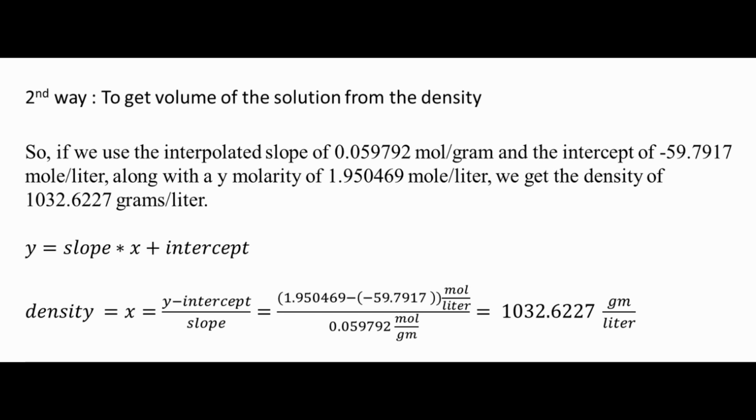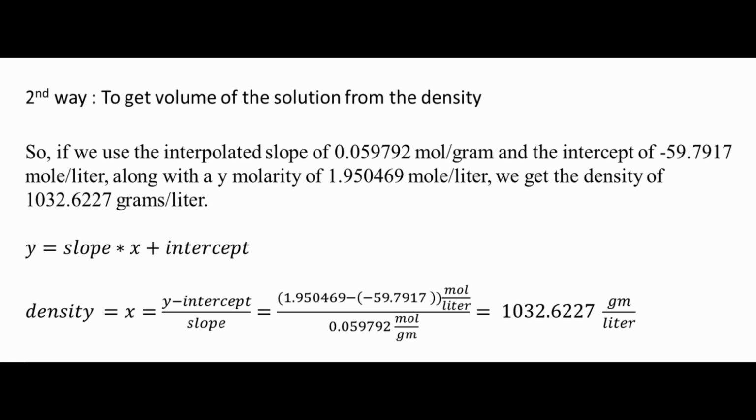So, if we use the interpolated slope of 0.059792 moles per gram and the intercept of negative 59.7917 moles per liter, along with a Y molarity of 1.950469 moles per liter, we get a density of 1032.6227 grams per liter.